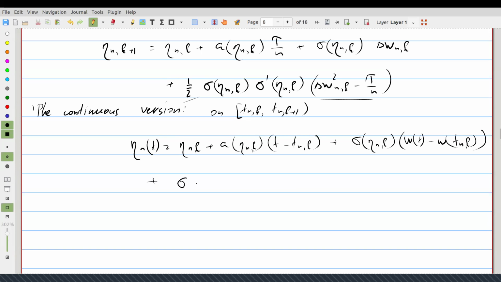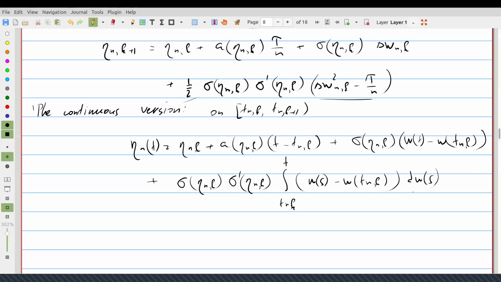Now, this is a bit trickier because we need to write it properly. This is the integral from t_nk to t of W_s minus W_t_nk dW_s. This is the one-dimensional setting.